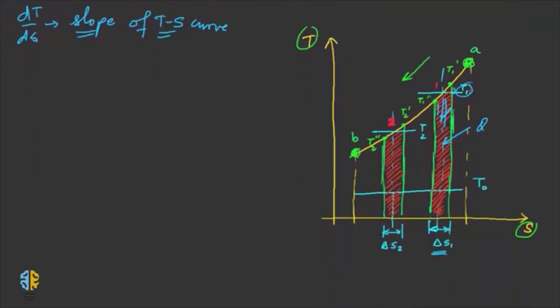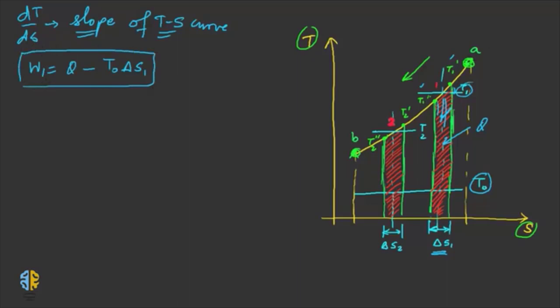Now if you come back to the plot, you have the temperature of the surroundings as T naught. The temperature falling from T1 dash to T1 double dash also indicates a loss in the available energy, isn't it? The available energy lost with this heat loss at temperature T1 is, let us say, W1, which is equal to Q minus T naught delta S1.